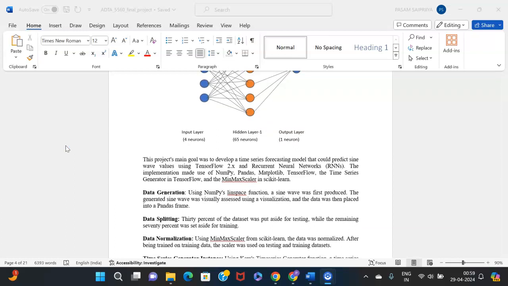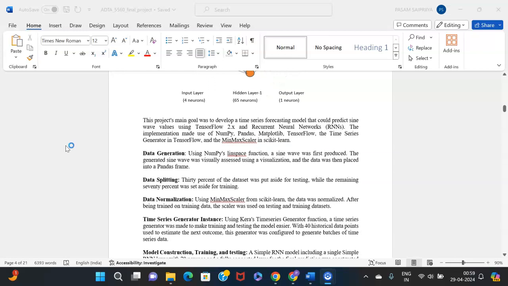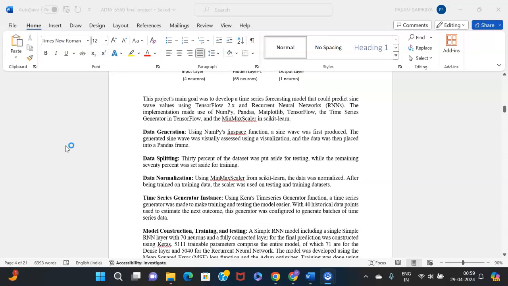This project's main goal was to develop a time series forecasting model that could predict sine wave values using TensorFlow and recurrent neural networks. The implementation made use of NumPy, Pandas, Matplotlib, TensorFlow, the TimeseriesGenerator in TensorFlow, and the MinMaxScaler in scikit-learn.